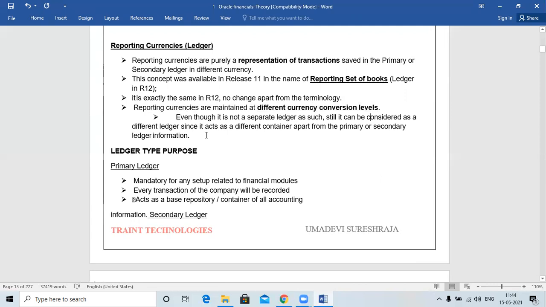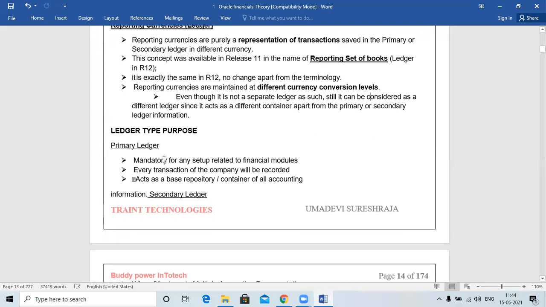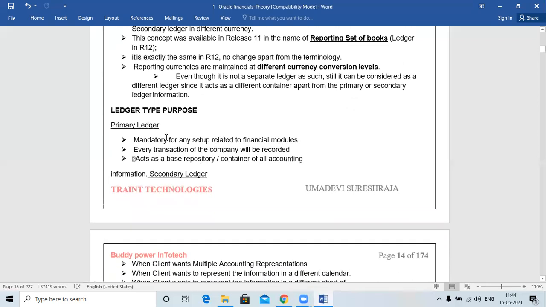Ledger type and purpose. What is the purpose of maintaining a ledger? It is mandatory for any setup related to financials.